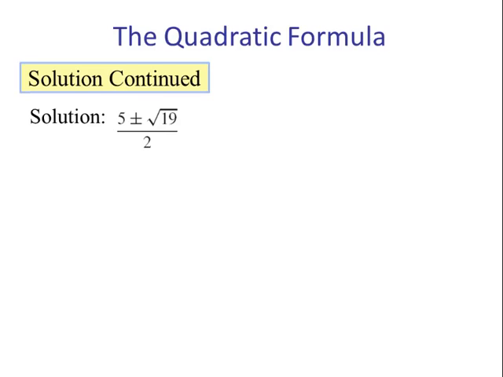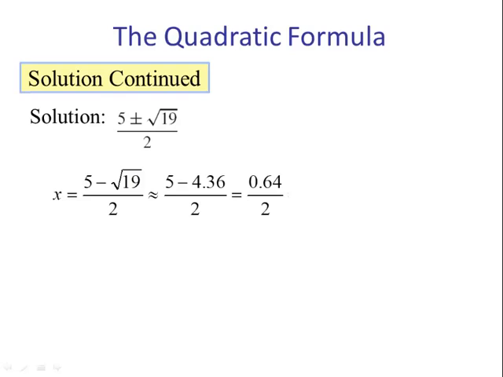Now there will be times we will want an approximate answer. To do this, we approximate square root of 19 using a calculator, and that turns out to be 4.36 to 2 decimal places. So this now becomes 5 minus 4.36 all divided by 2. The last step we divide by 2.